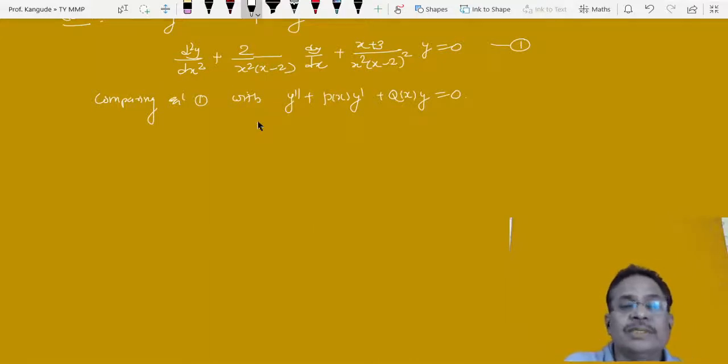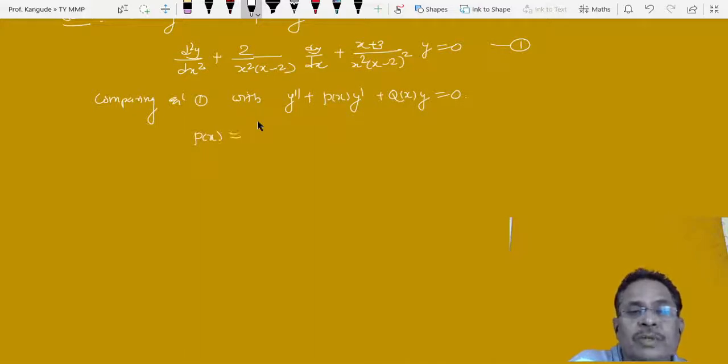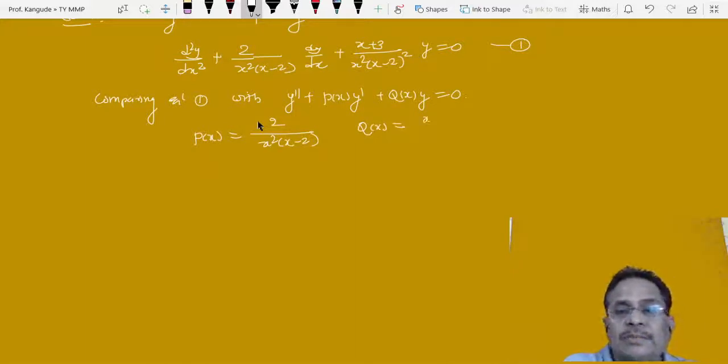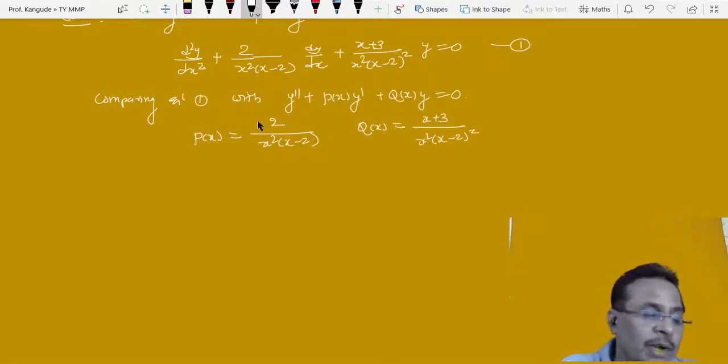When I go for this comparison, I'll get p of x is equal to 2 upon x square into x minus 2, and q of x is equal to x plus 3 upon x square into x minus 2 square.